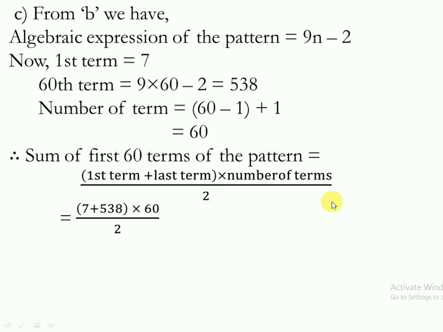Now this 2 can divide 60 and makes 30. So 7 plus 538 becomes 545, multiply with 30, and this multiplication becomes 16,350. So that is the summation of the first 60 terms of the given pattern. That was the required answer for question number C.